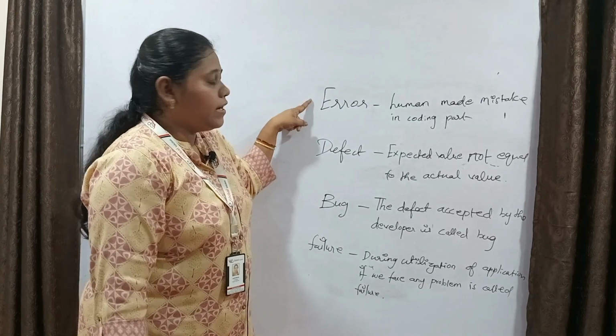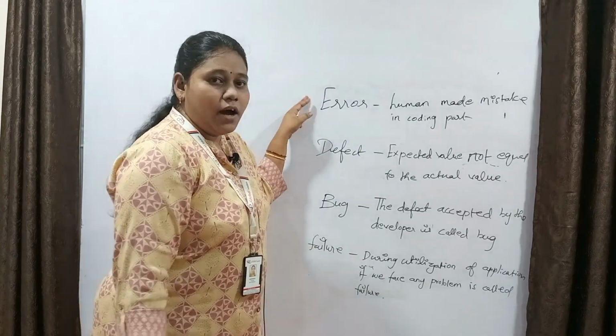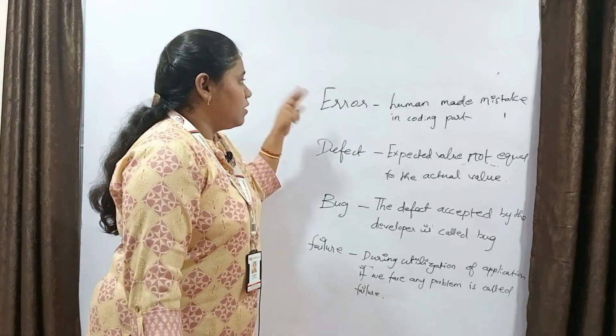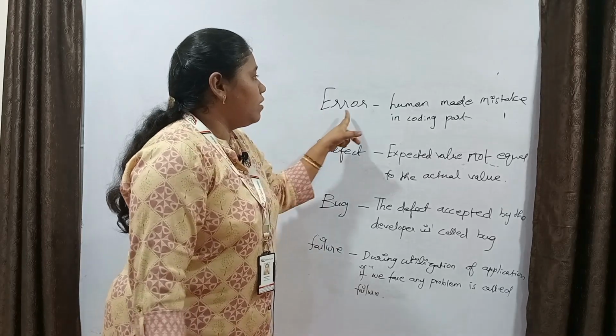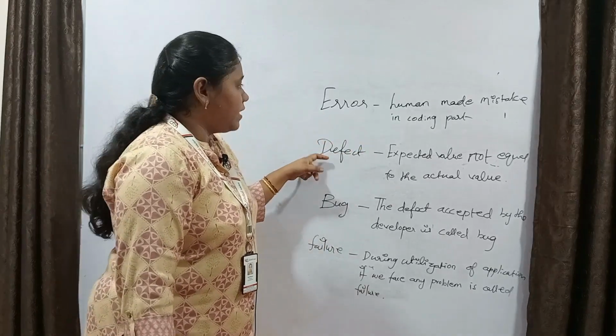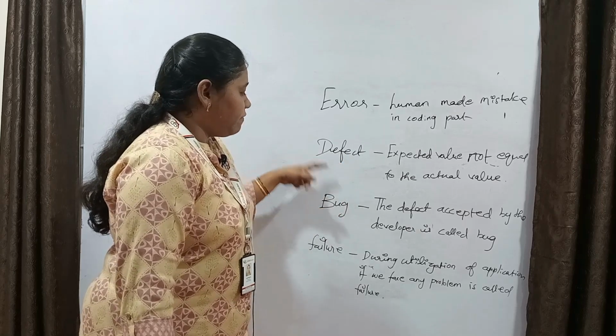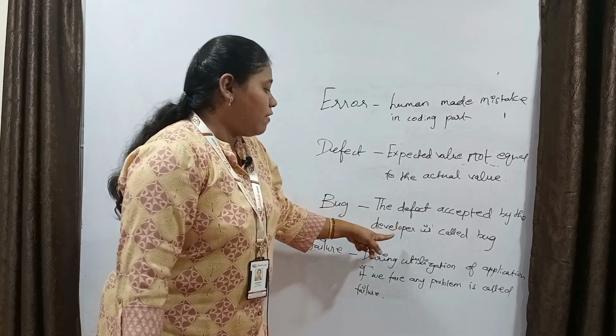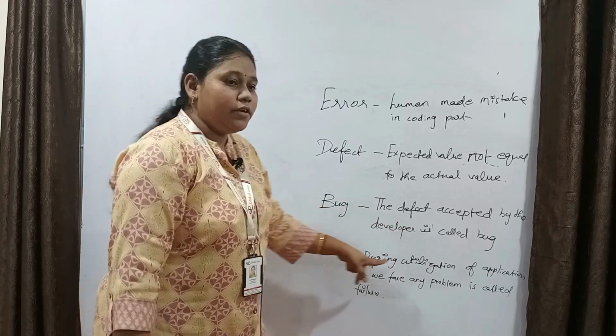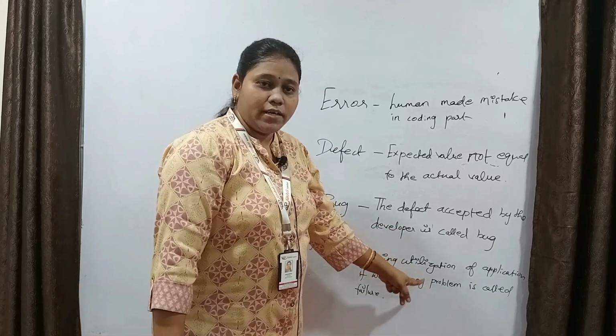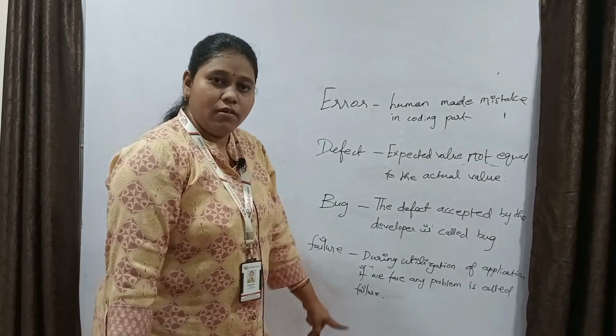We find error during the developing stage, and defect during testing. Bug is the defect accepted by the developer. And failure means any problem you face during utilization of the product.